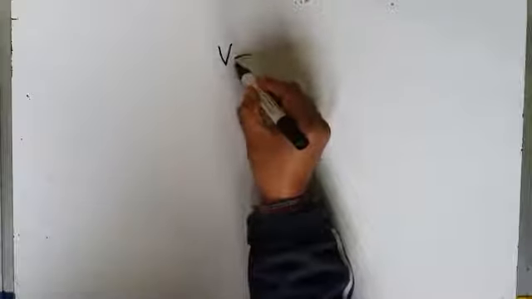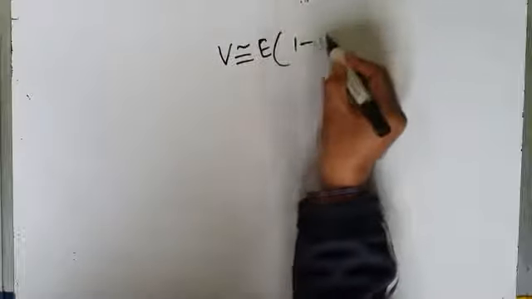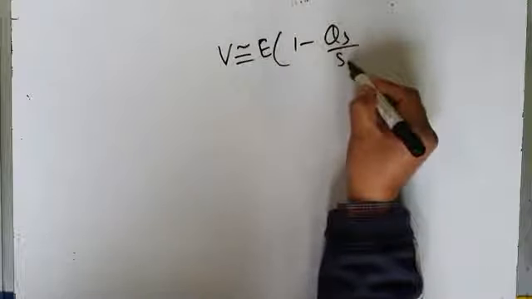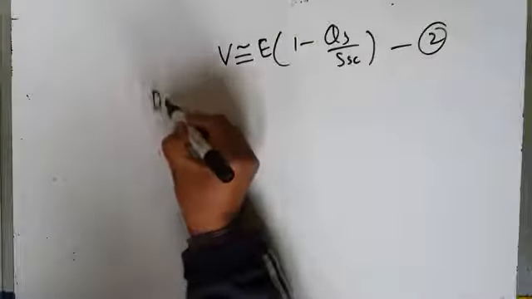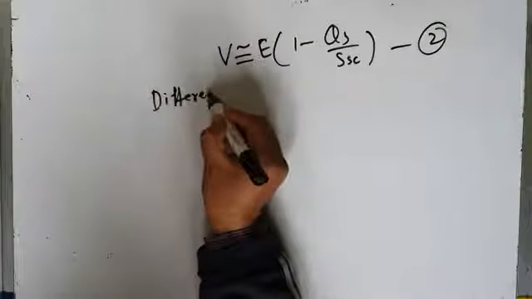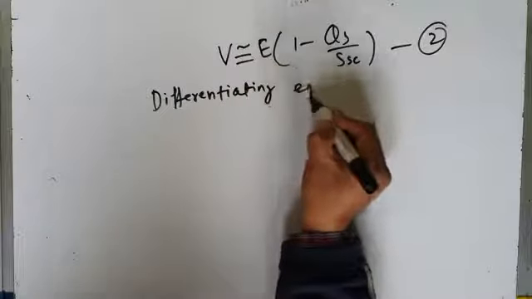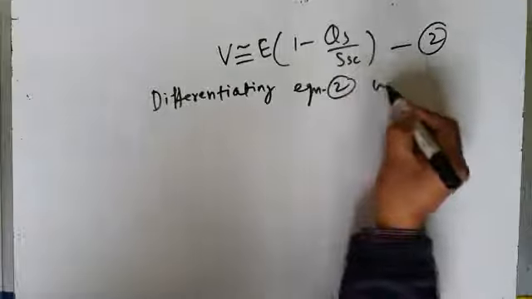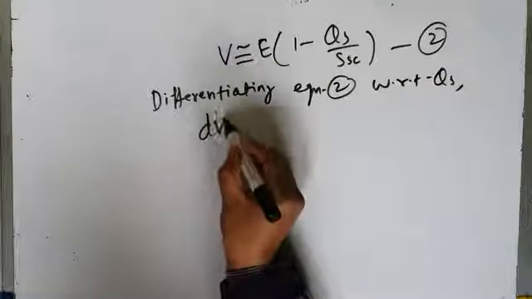Now let us try to find out voltage sensitivity. We already have this equation 2. We have written it E times 1 minus Qs by SSC. This was equation 2 already written. So differentiating equation 2 with respect to Qs, we will get voltage sensitivity without compensator.